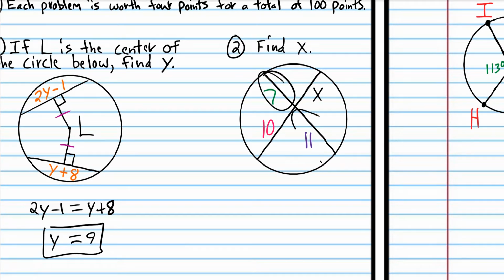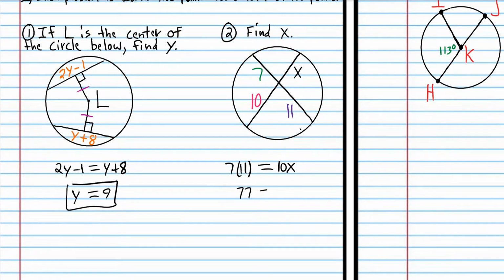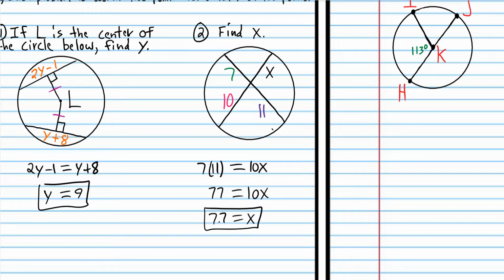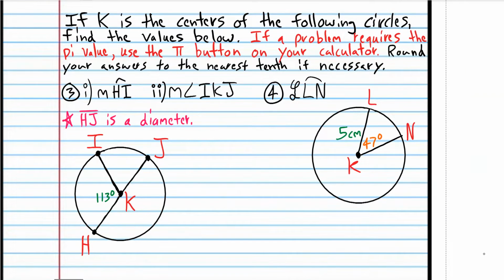This segment times this segment is equal to this segment times this segment. That's just something you're going to have to memorize. So 7 times 11 is 77, and dividing both sides by 10, we get 7.7. So if you got that one right, good job. All right, let's do number 3.